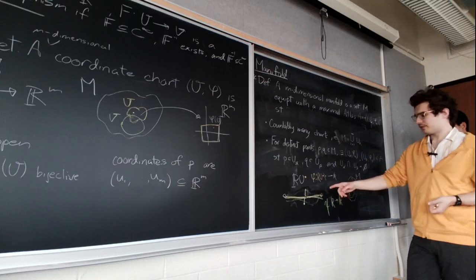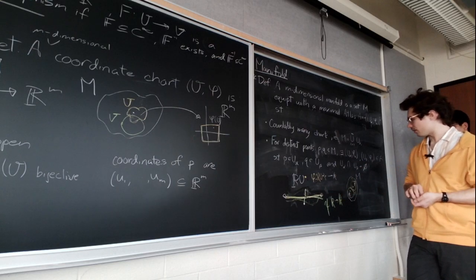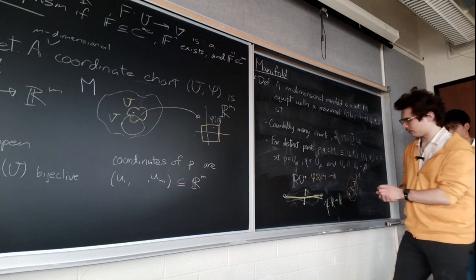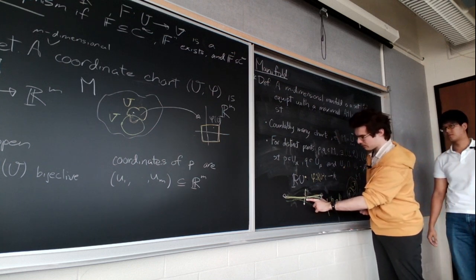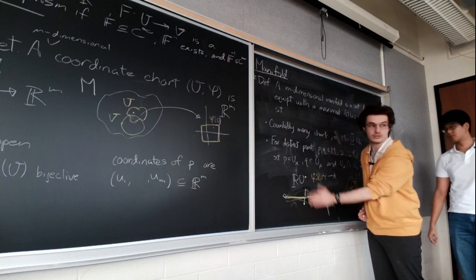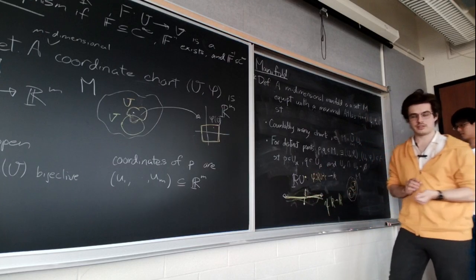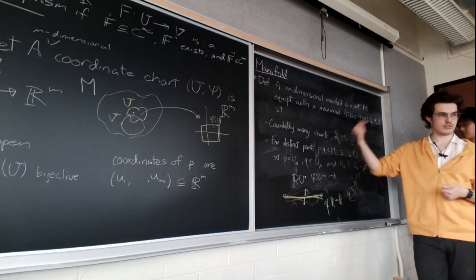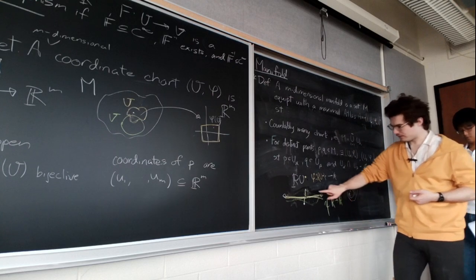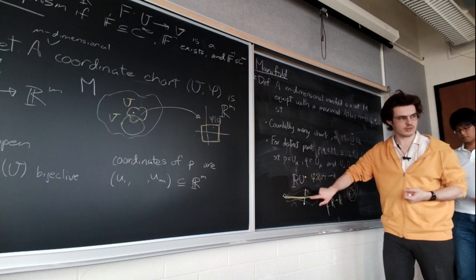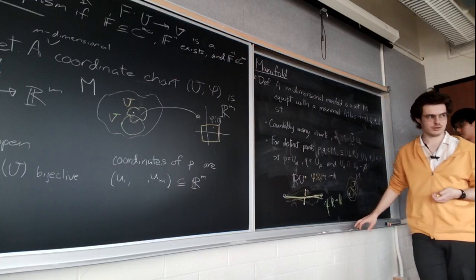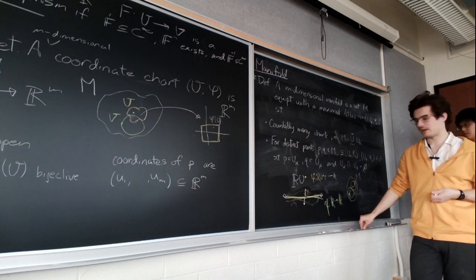These are compatible charts with each other, because their intersection is this and this set, excluding the origin. There the transition map is just the identity, so it's smooth. But I cannot tell apart these two points from each other using these charts at all. And so that is a problem.